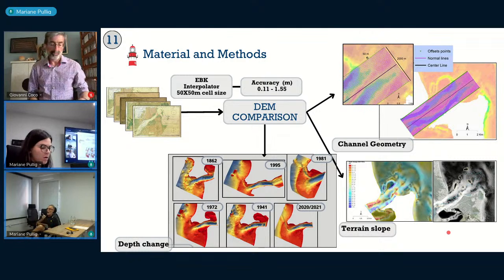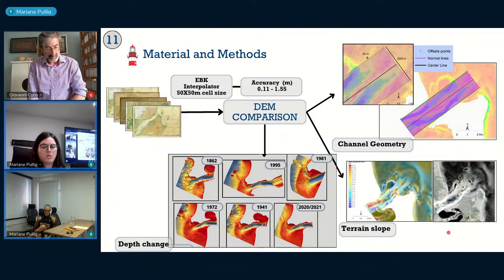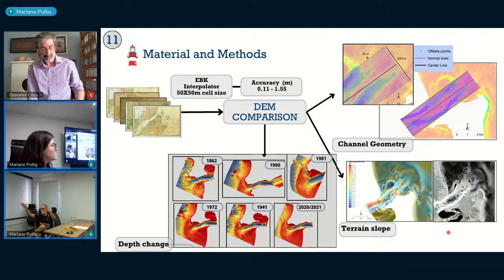Okay, another thing that I think I told you in your qualifying, and that's very important when you're comparing different interpolated surfaces, is to give some background data to the reader. For example, we don't know the geometry of the sampling points of each one of the nautical charts of the Pullig's board, and we don't know the spacing between the points in each one of them. Of course, you interpolate at the end, you made a regular grid with meters, I think.